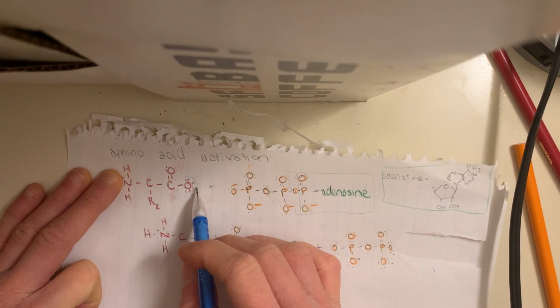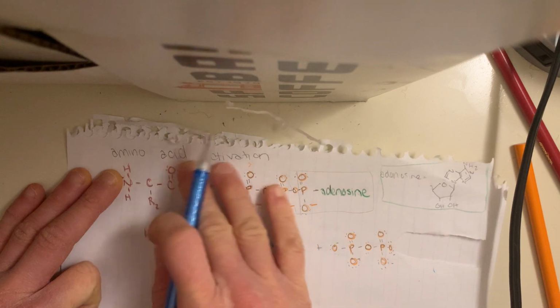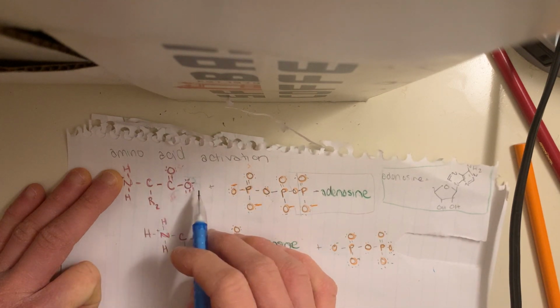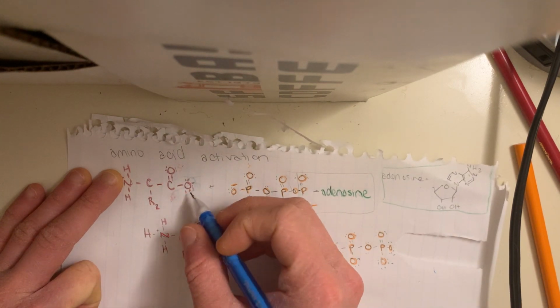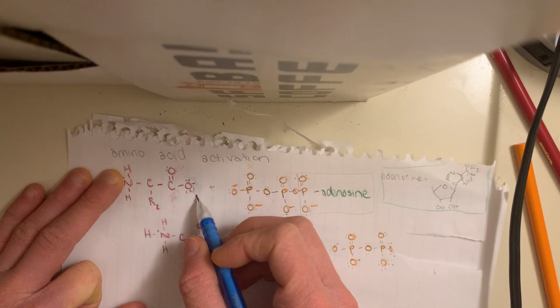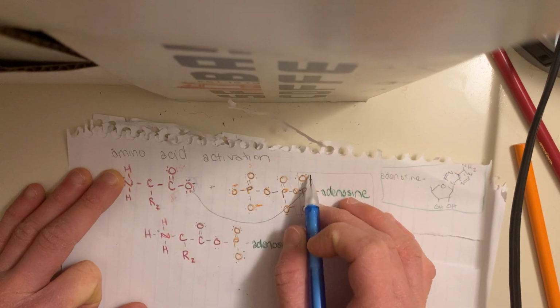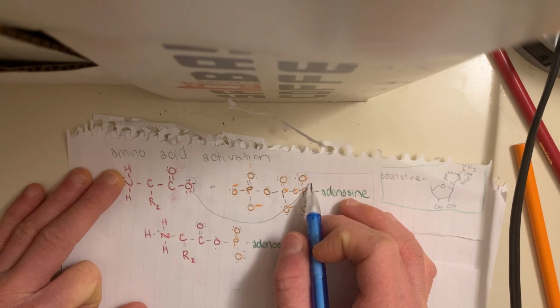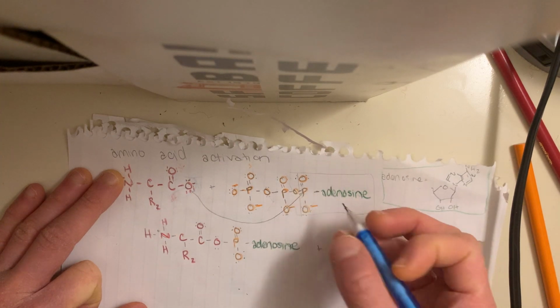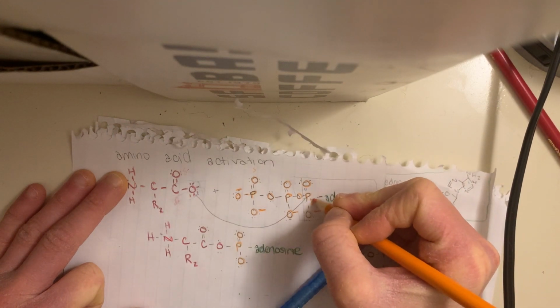This oxygen here has a negative charge and these lone pairs. It can act to attack this phosphate because, even though this is really negative overall, the oxygens are pulling electrons away from the phosphorus, and this is going to make the phosphorus partly positive.